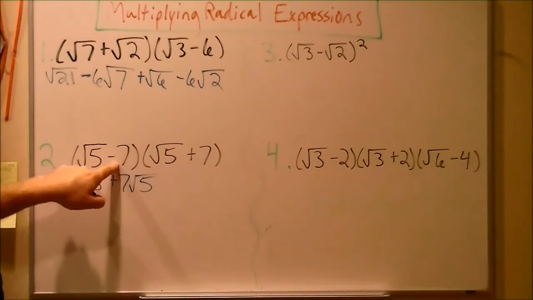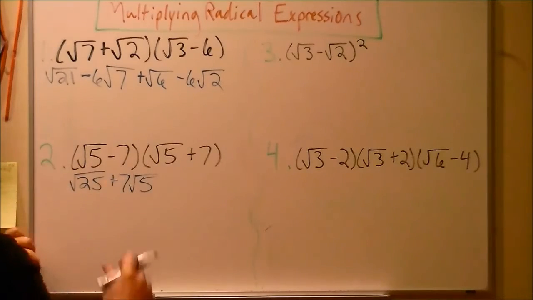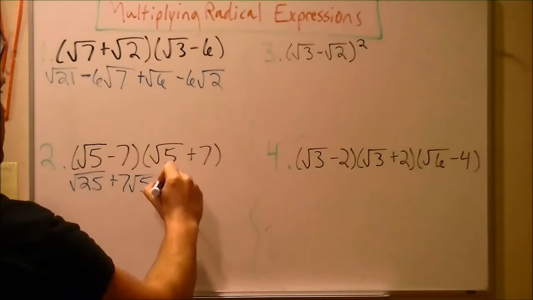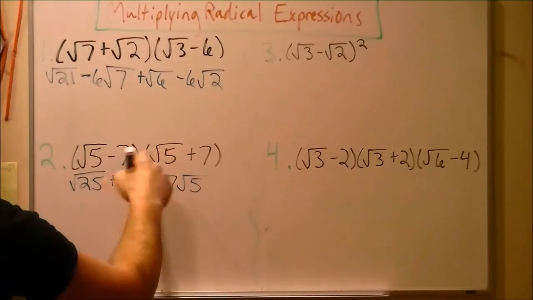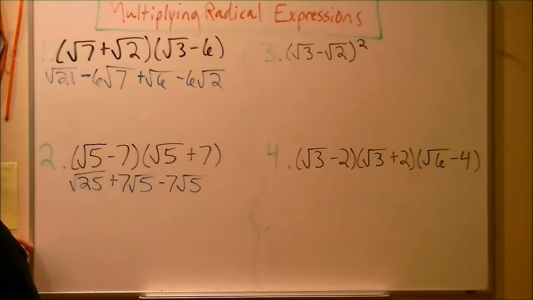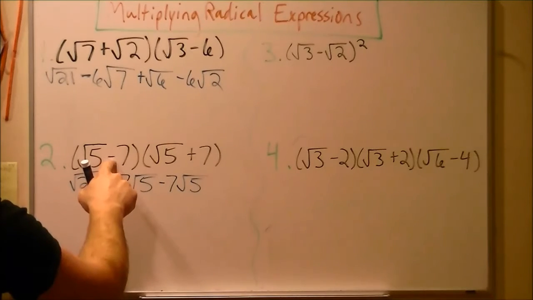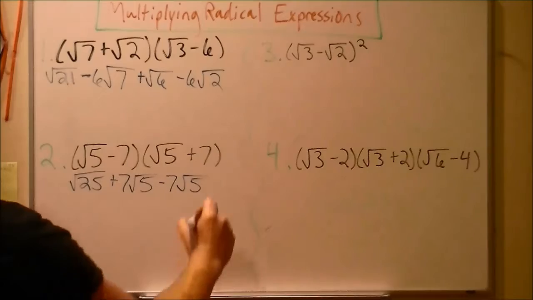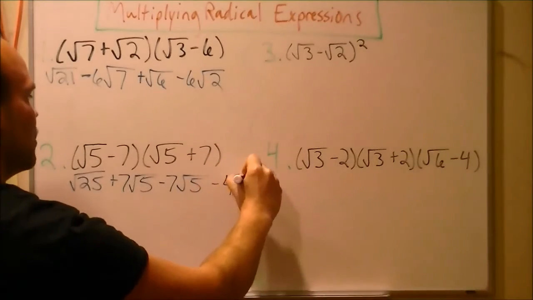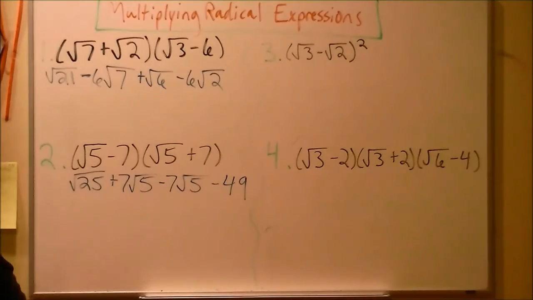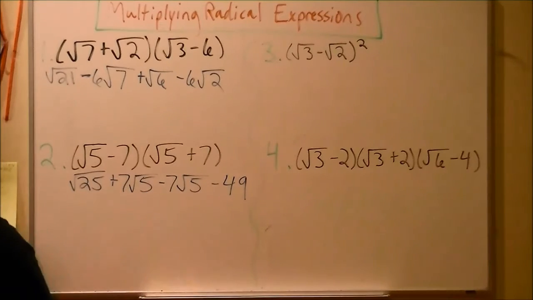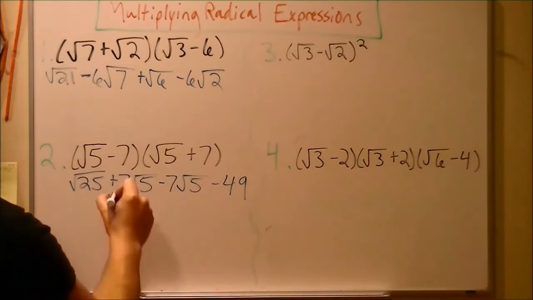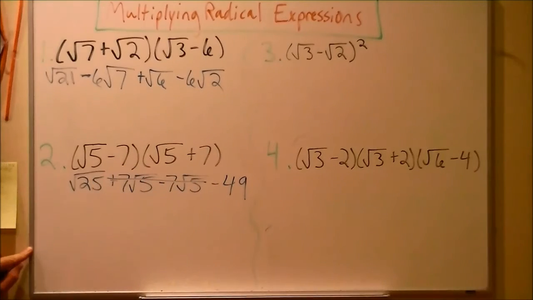Now we move on to the second term of the binomial, negative 7. Negative 7 times the square root of 5 is simply minus 7 square root of 5. You can't combine those underneath because one is not. And then you have negative 7 times 7, which is minus 49. Look at these two terms since we're simplifying. Plus 7 square root of 5 minus 7 square root of 5 just cancels itself out.